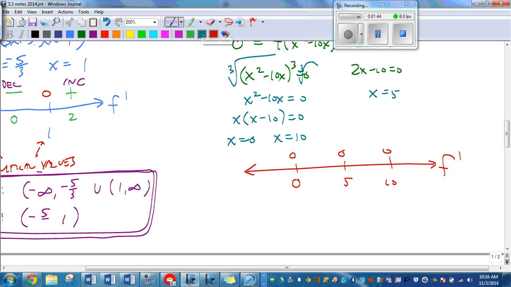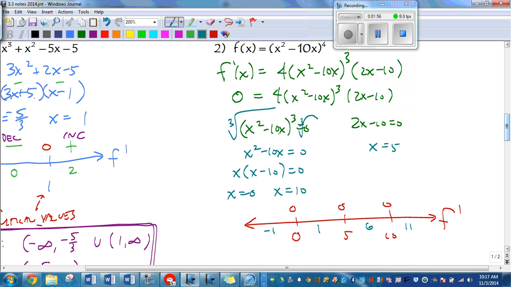Now we're going to go ahead and test points in between. So to the left of 0, I'm just going to use -1. Between 0 and 5, I'll use 1, and then 6, and 11. I'm going to use this form of the derivative right here to figure out if it's positive or negative in these intervals.